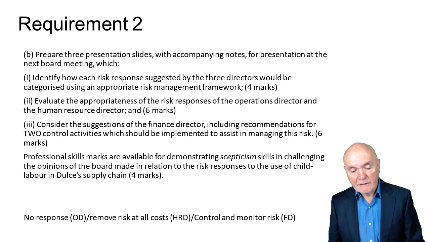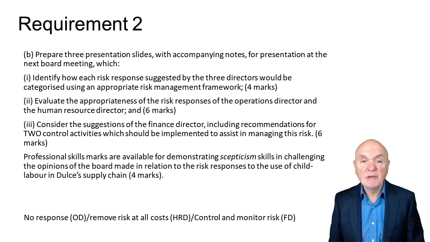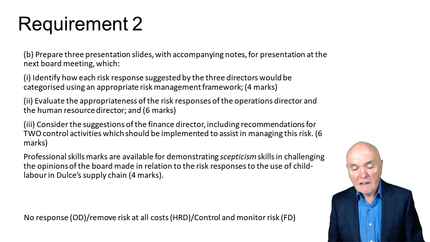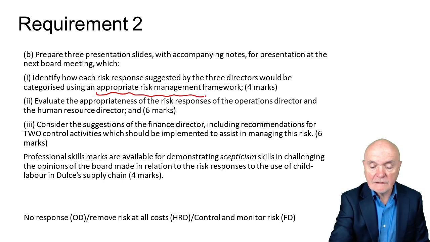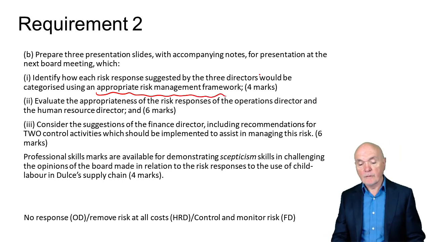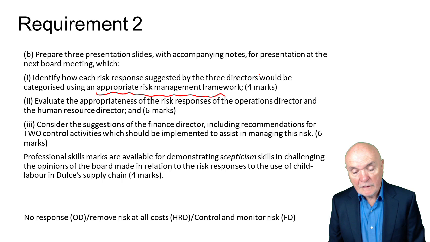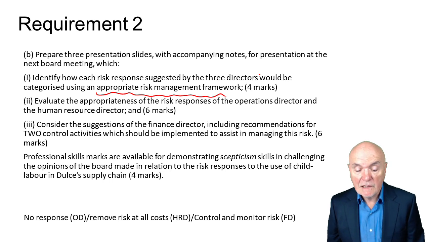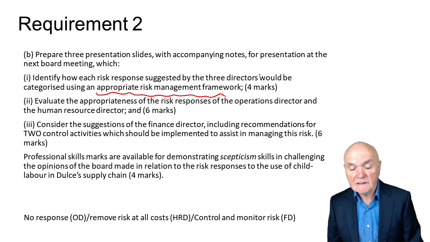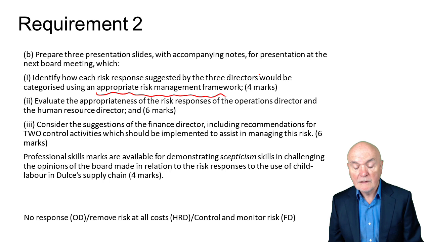And the first requirement in here is identify how each risk response would be categorized using an appropriate risk management framework. There's only 4 marks, so you're not going to have time to say a lot, certainly in the accompanying notes, but you have to think what would be an appropriate risk management framework.